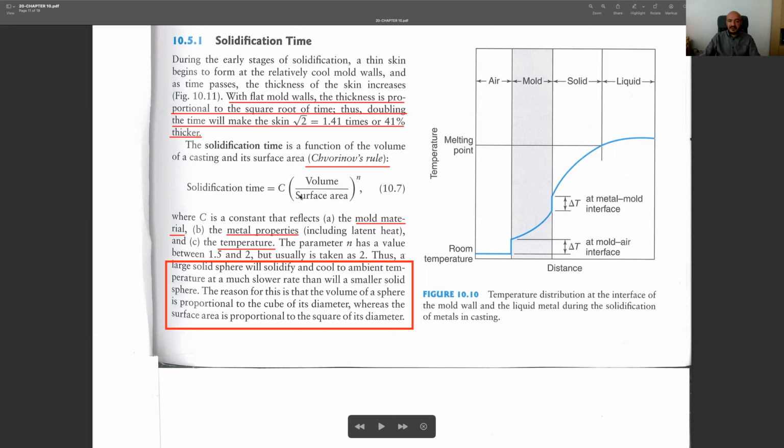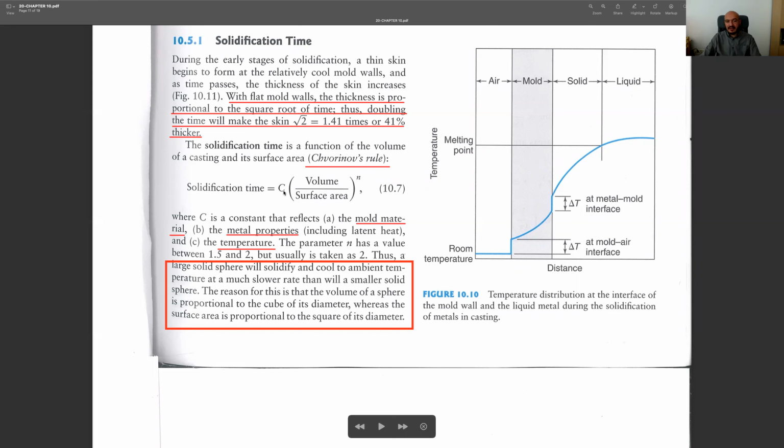So this is a geometric property. If you have the design of the part, then that means you know this value. And then we have a power here, n, and this is usually taken as 2, depending on some experiments and checking. People usually use it as 2, but there are different factors affecting this n value. It may sometimes be in between 1.5 and 2.